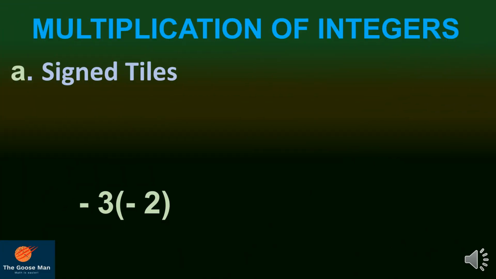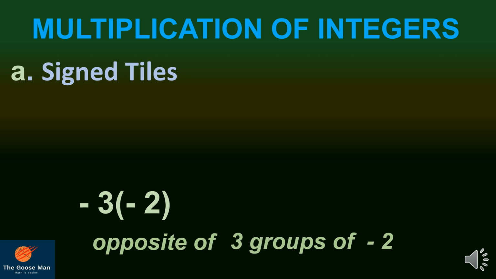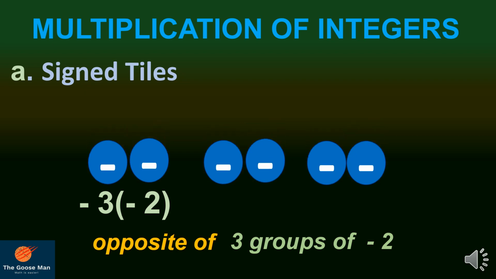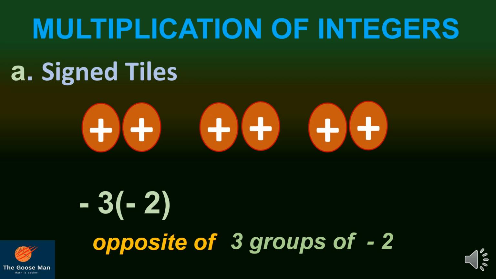Okay, so what if we have negative 3 times negative 2? Again, this is the opposite of 3 groups of negative 2. By representation, I have 3 groups of negative 2. However, since we say opposite of, instead of negative tiles, I now have positive tiles.